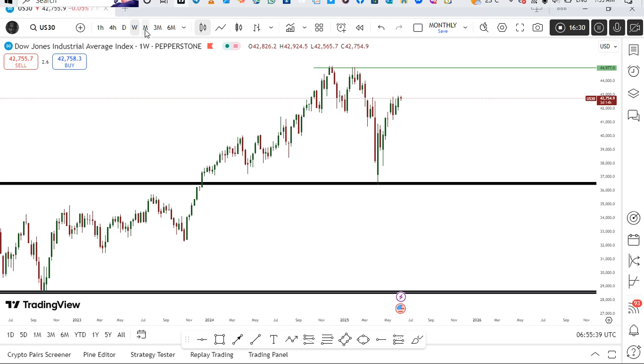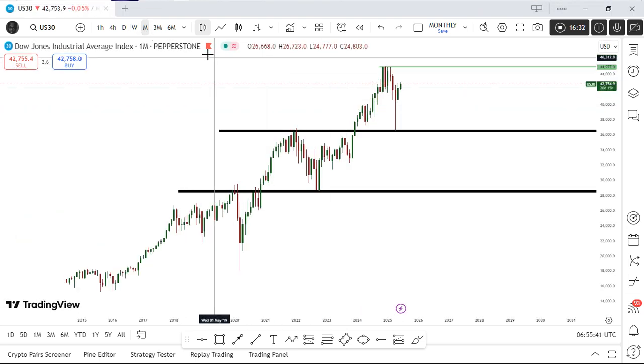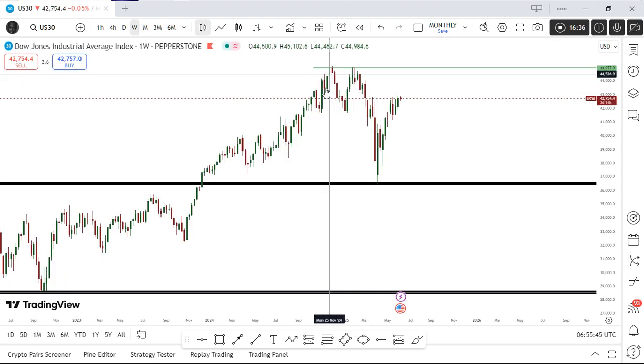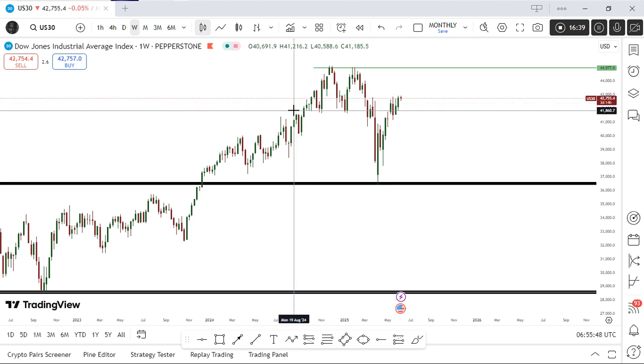Now on the monthly time frame, we were unable to see any chart pattern form, but on the weekly time frame, this is a chart pattern that has formed, which is a double top, and we could see the neckline right about here.